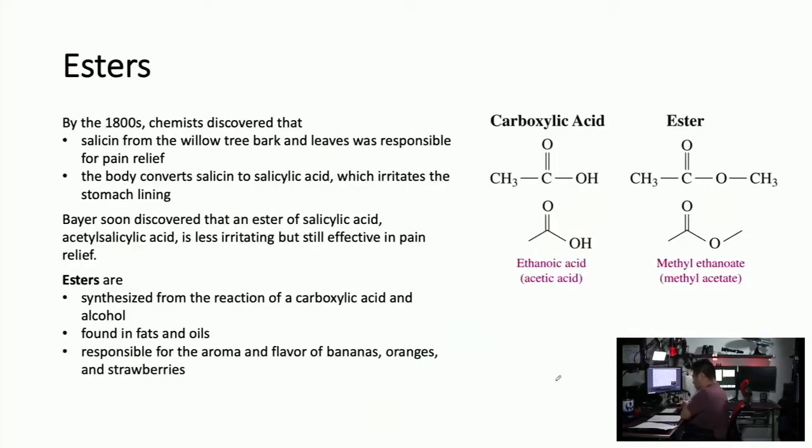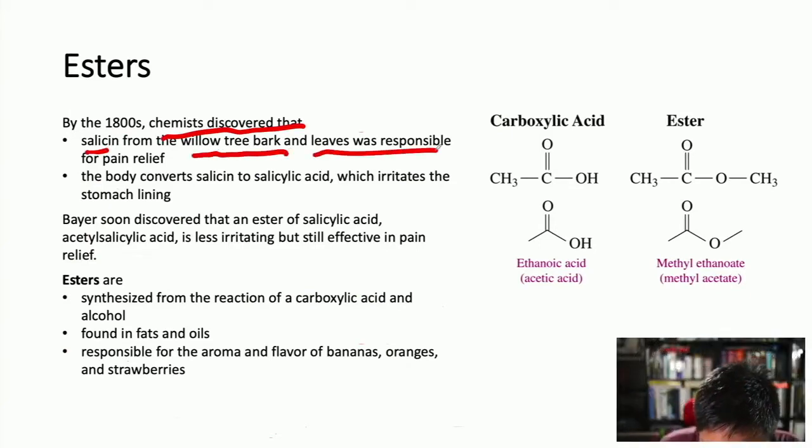What are esters? Well, they were discovered by chemists in the 1800s, right? From salicin. Wow. Salicin. From the willow tree bark, right? And these leaves were actually responsible for pain relief, right? Turns out that salicin can be converted into salicylic acid in the body.